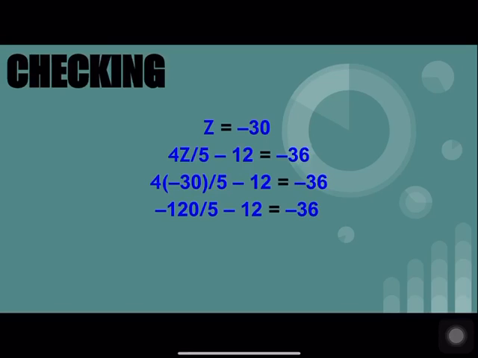We have negative 120 as the product of 4 times negative 30, divided by 5, minus 12. Dividing negative 120 by 5 will give us negative 24 minus 12. Combining negative 24 and negative 12 will give us negative 36. So therefore, we have the correct answer for the value of z, which is negative 30.